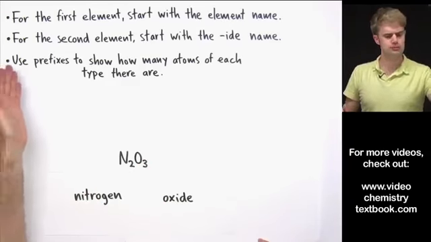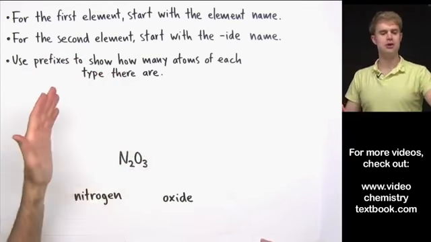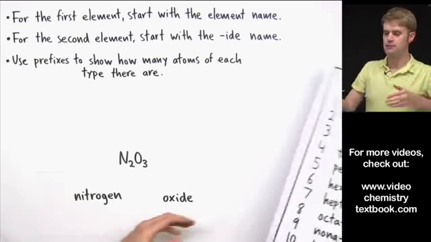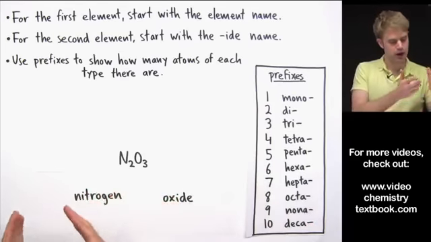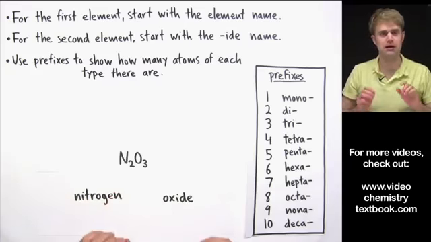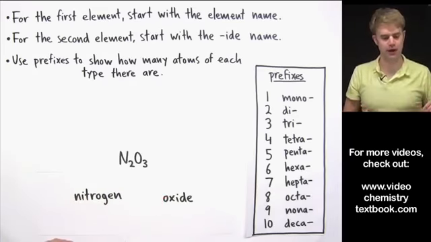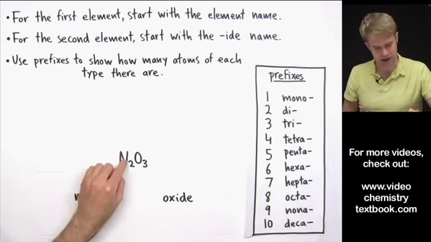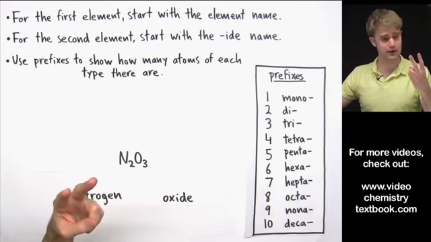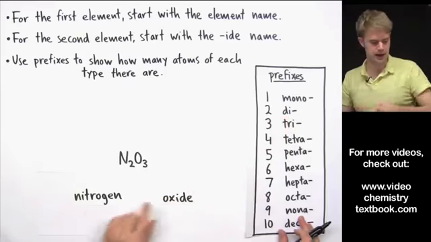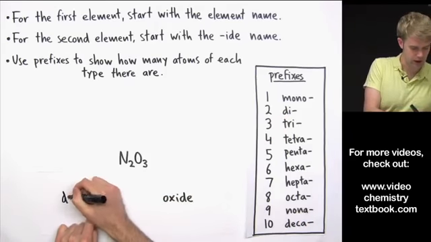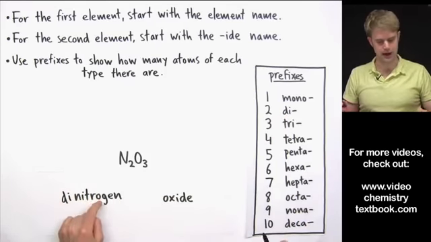Now, use prefixes to show how many atoms of each type there are. The prefixes, here's a list of them, are like little tags that we put on the front of each name to tell us how many atoms of each type we have. So N2, we got two nitrogens, which means we want to use the prefix for two, di. Put that in front of the element name: dinitrogen.